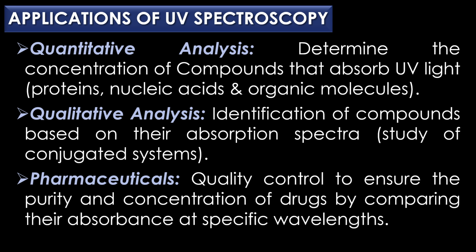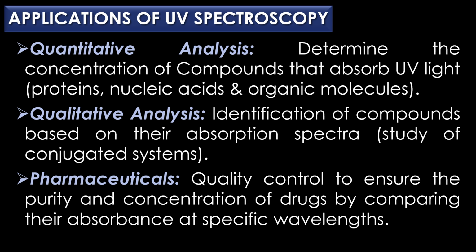Applications of ultraviolet spectroscopy. The first application is quantitative analysis. Ultraviolet spectroscopy is used to determine the concentration of compounds that absorb UV light, such as proteins, nucleic acids and organic molecules. The second application is qualitative analysis.